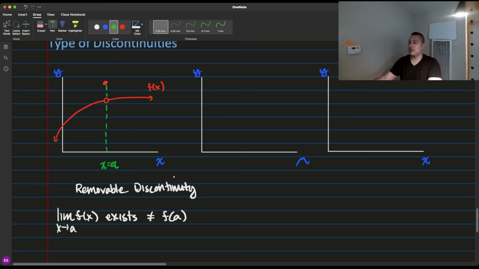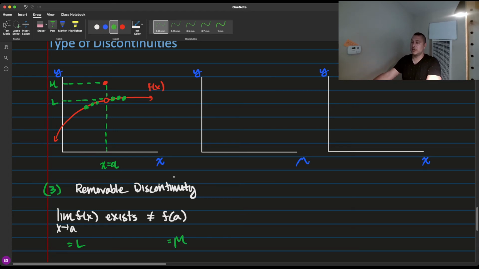but it's not equal to f of a. So how does that happen? It's because that open circle, let's say it has a value of L, the closed circle has a value of M. As you approach from the left, you're heading towards L. As you approach from the right, you're heading towards L. The limit exists and it's equal to L. But the function is defined and it's equal to M. So you fail the third criteria, basically.